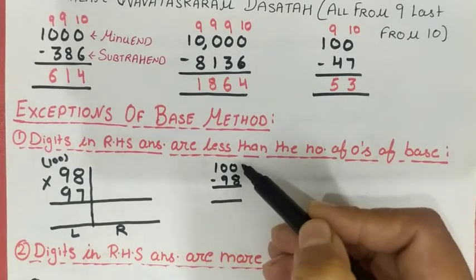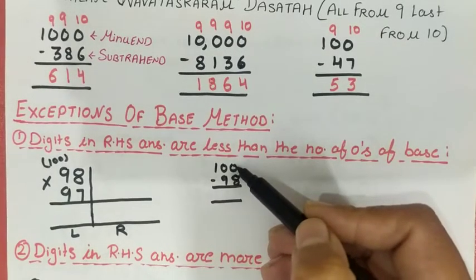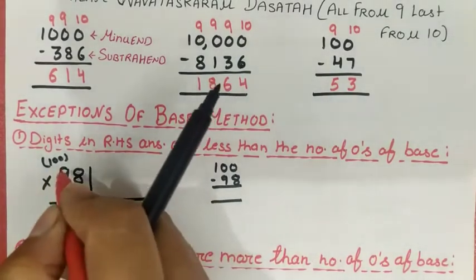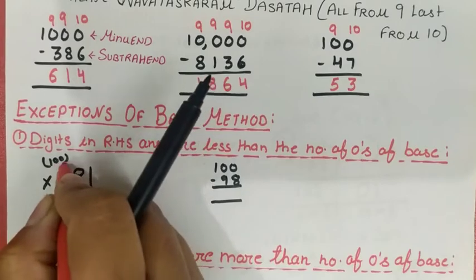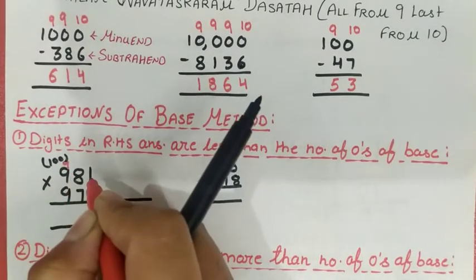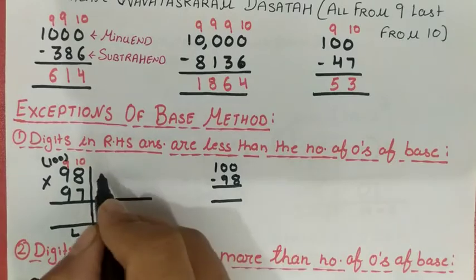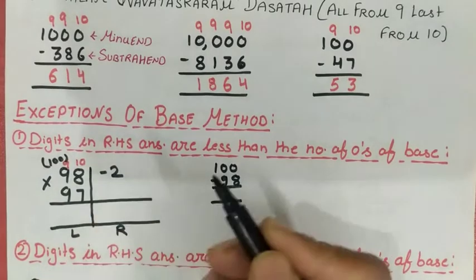See, the minuend is a base number, so all from 9, last from 10 is applicable. So subtract all from 9: 9 minus 9, 0, no need to write, and last from 10: 10 minus 8, 2. So here comes your answer.